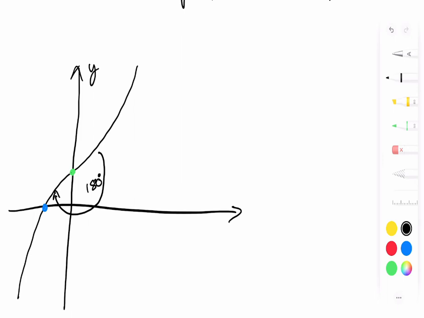So for different values of p, how many solutions do we have? This is just building into the idea of a discriminant. So if p is less than 0, we have 1, 2, or 3 solutions, real solutions, I should say.